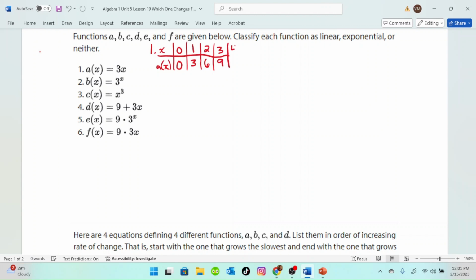And if we used 4, 4 times 3 is 12. Notice each time we are adding 3. That means this is linear.